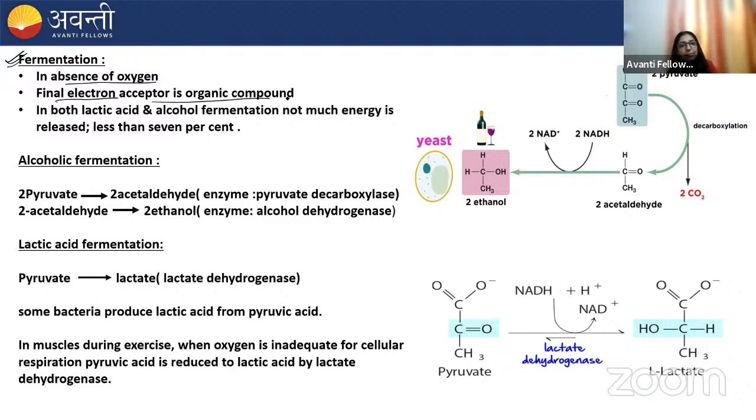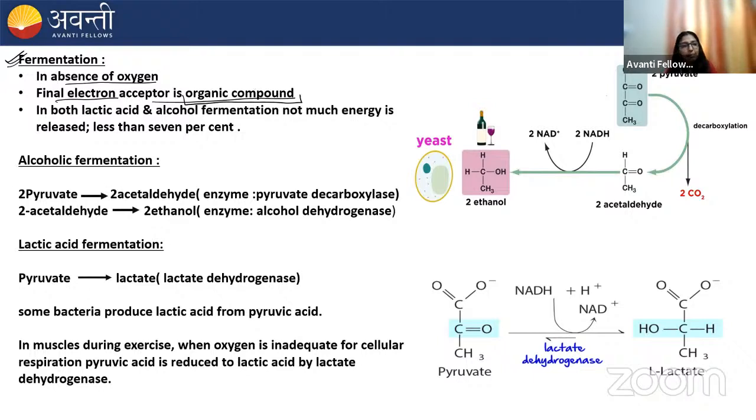The final electron acceptor is an organic compound. In aerobic respiration, when the complete oxidation takes place, the final electron acceptor is oxygen. Remember, the final electron acceptor is oxygen, but in fermentation, the final electron acceptor is an organic compound.